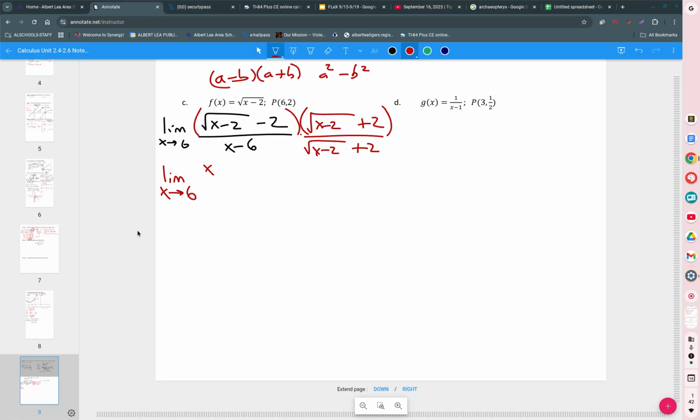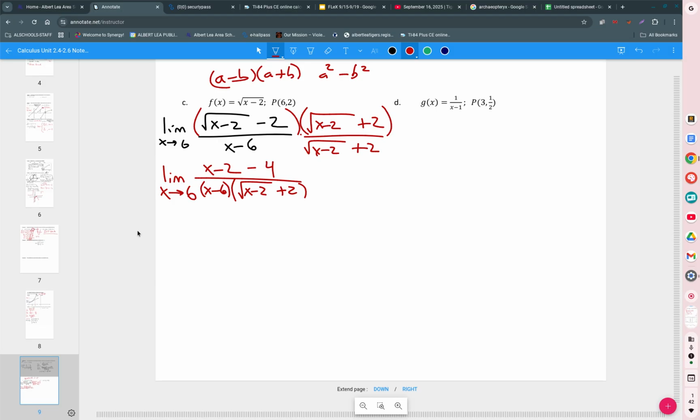So I get x minus 2, and then minus 4, over the denominator, which stays rather large. So you have this x minus 6, and then you have this quantity, the root of x minus 2, plus 2.